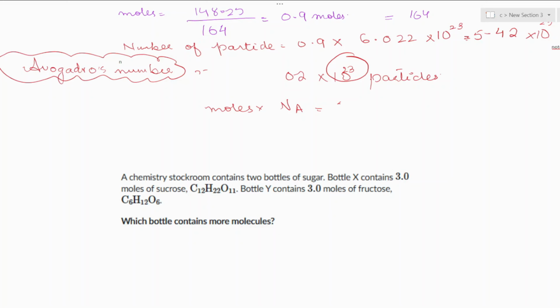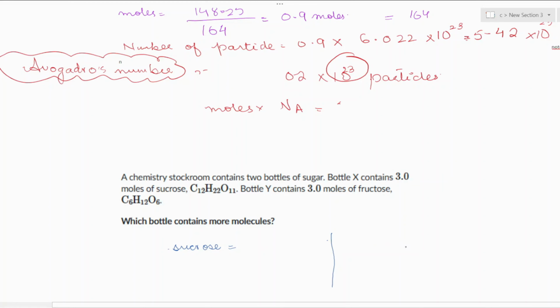1.8 in sucrose. Which one has more number of moles? Okay, wait. Both have three moles. Sucrose and glucose.